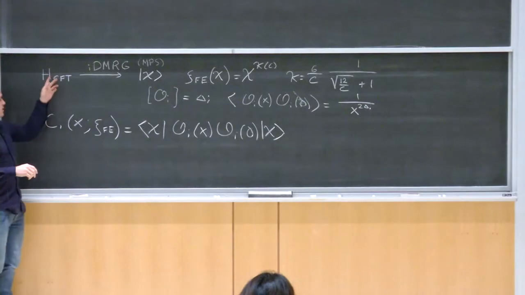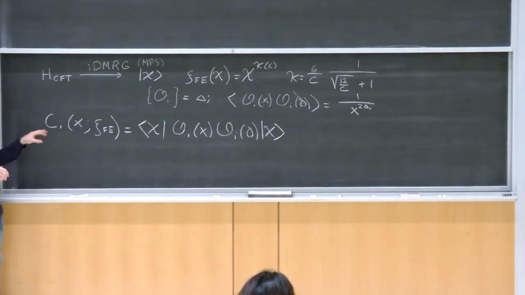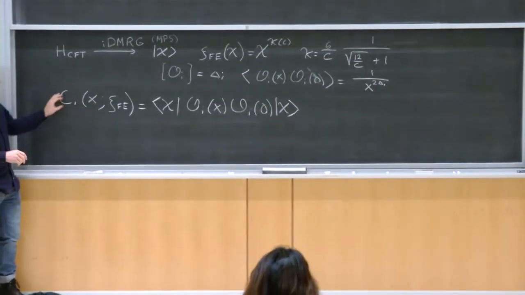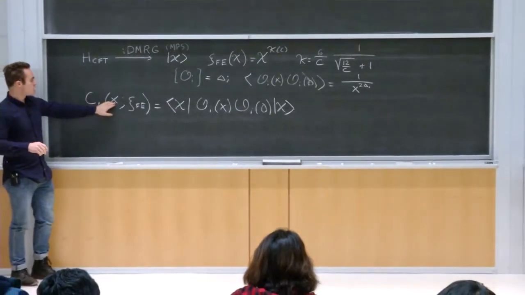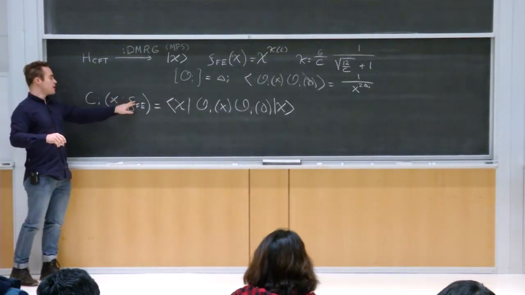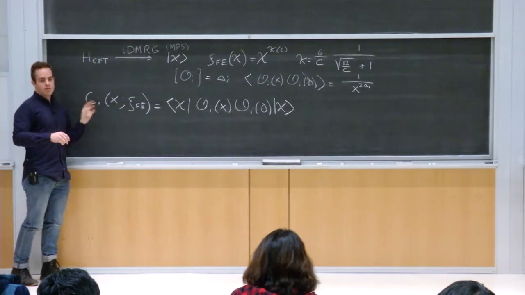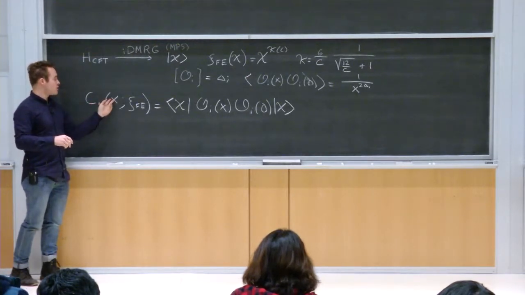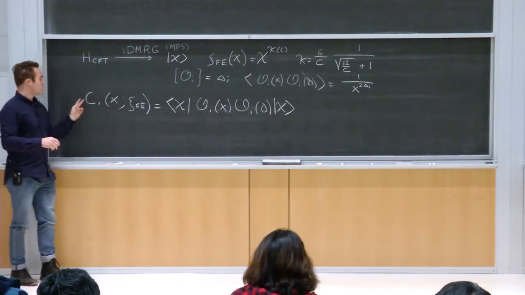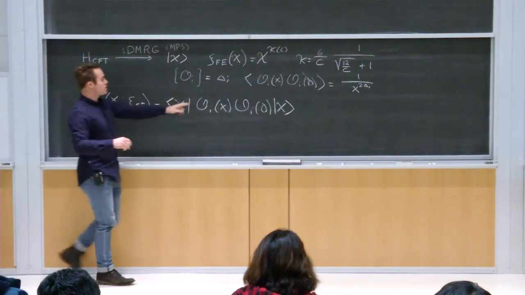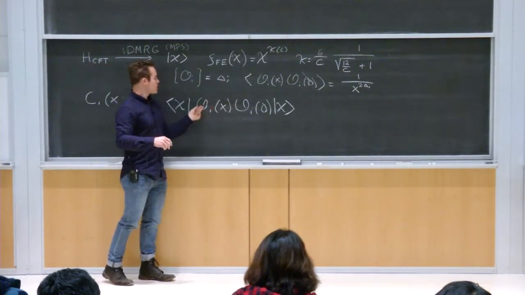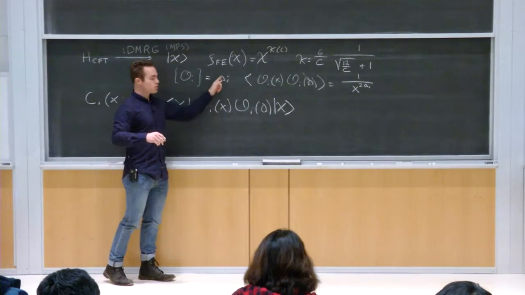So the idea is, because I'm at a critical point, all three objects here, C, the distance, and the finite entanglement correlation length, have a fixed particular dimension. So x and xi have dimensions of length, and C has dimensions of 2 delta, set by the dimensions of these two operators, which are the dimensions we're trying to extract here.